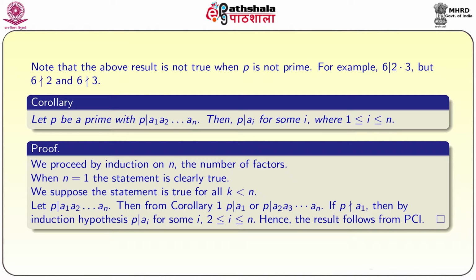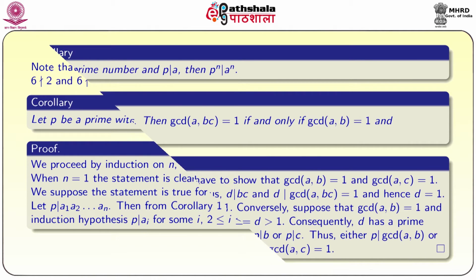That means we divide the product into a product of two numbers, a1 and a2 a3 ... an. If p does not divide a1, then by the induction hypothesis p divides ai for some i which lies between 2 and n. Hence, the result follows from PCI, principle of complete induction or strong induction.